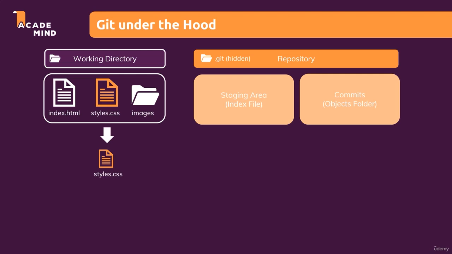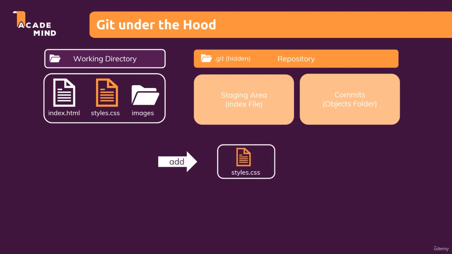As part of this commit creation, we first add the changes made to the style CSS file to this staging area. You can think about the staging area as a draft area, so to say. So as an area where files or changes made to specific files are stored to tell Git, hey, these changes made to this file should be part of the next commit.